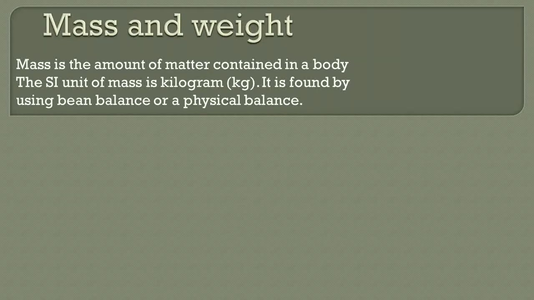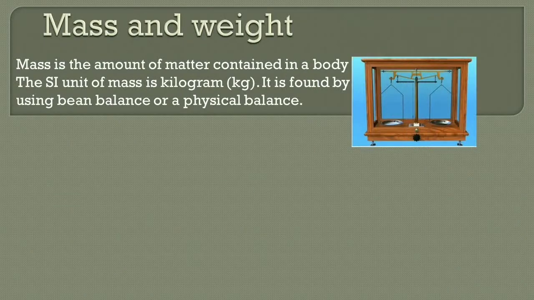It is represented by the symbol m, and the mass of a body can be measured with the help of a two pan balance, or we can say a beam balance or the physical balance. You can see in this diagram, this is the physical balance. Mostly it is used in the lab for practical purposes.